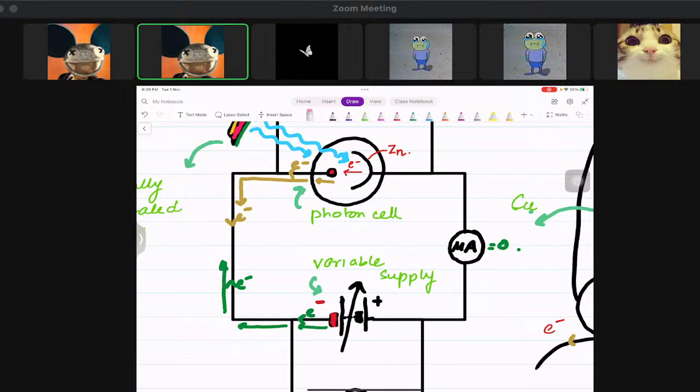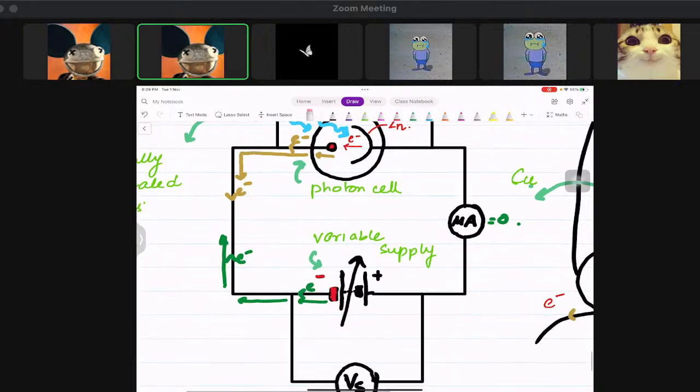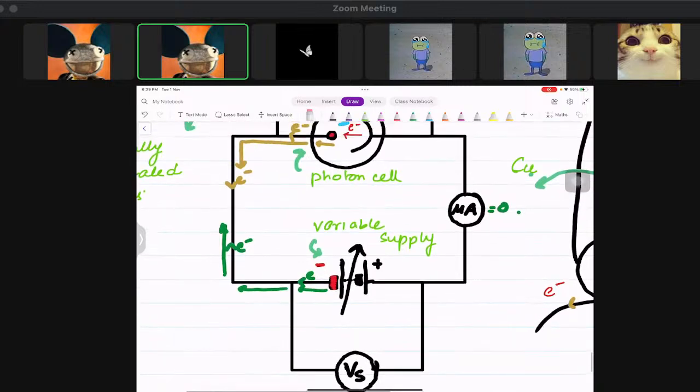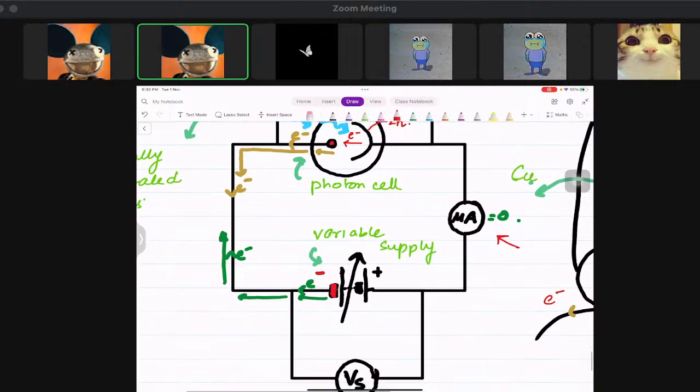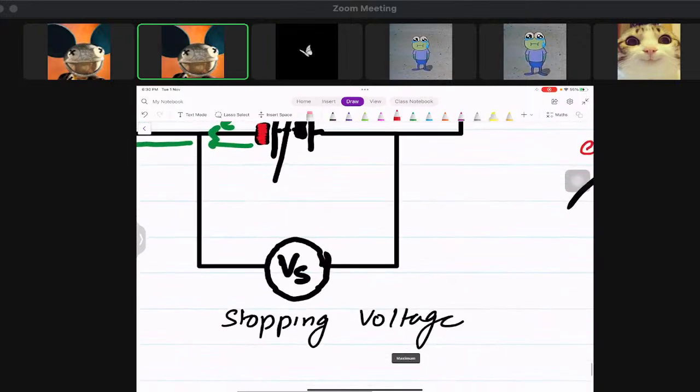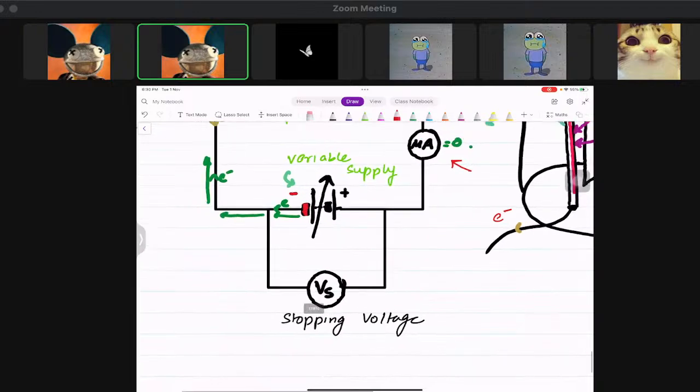Now, this supply is a variable one, so we keep on changing the potential such that we want the amount of current flowing this way and this way to be equal. If both currents are equal, then the current will stop flowing, and we know the current stops flowing when we see in the microammeter that it shows a zero reading. When the current stops flowing, we call the voltage we provided the stopping voltage. Do you understand now?